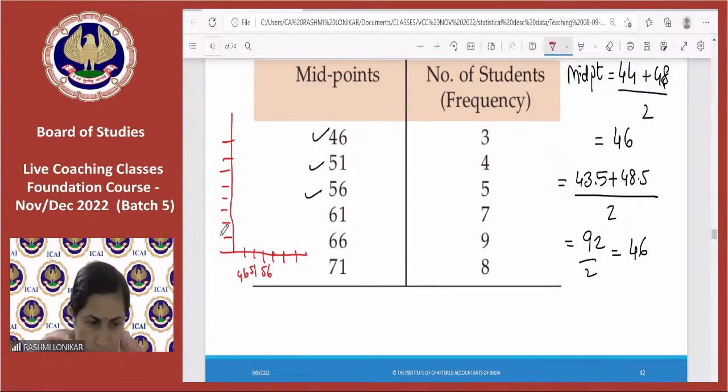On the y-axis this is 1, 2, 3, 4, 5, 6, 7, 8, 9, and 10.